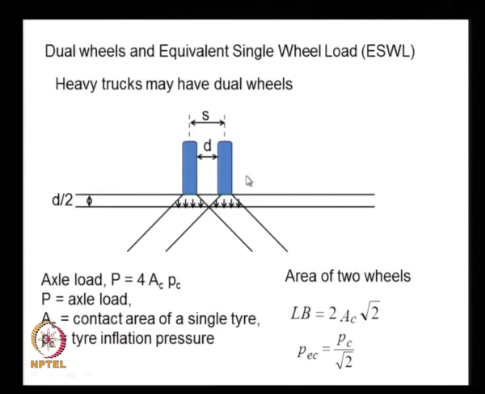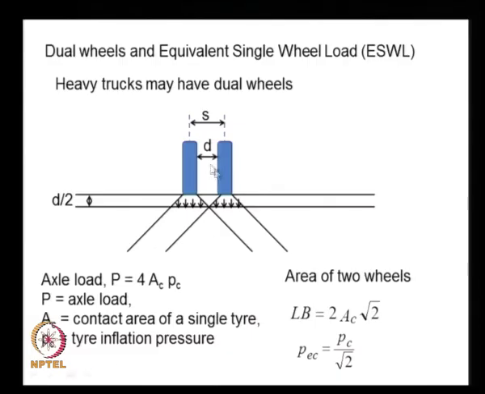Well, let us look at how we can design these pavements. Before we go into the discussion of design, let us look at a dual wheel configuration, because the dual wheel configuration is a very typical one in all these transport vehicles, the lorries that transport heavy goods.